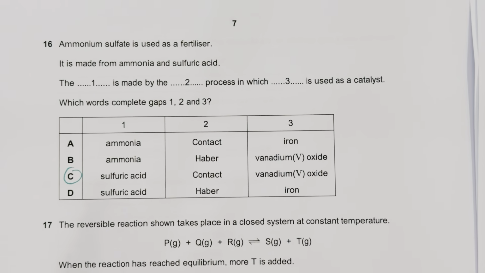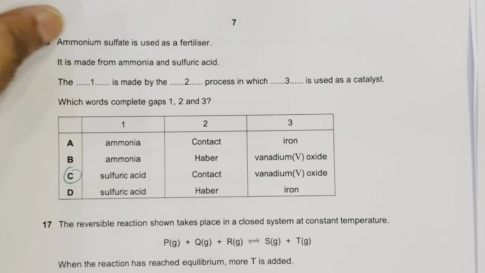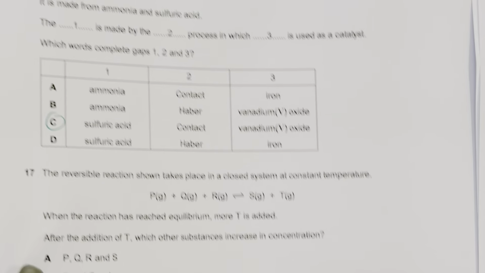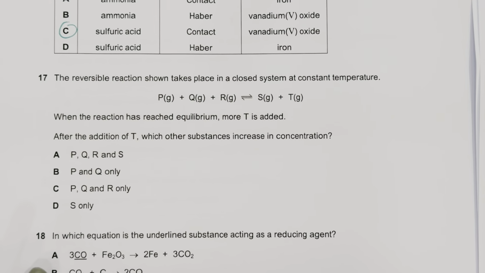Moving to question number 17. Over here, the examiner tends to ask one MCQ from the contact process. Okay, question number 17 is that the reversible reaction shown takes place in a closed system at constant temperature. P plus Q plus R gives S plus T. When the reaction has reached equilibrium, more T is added.